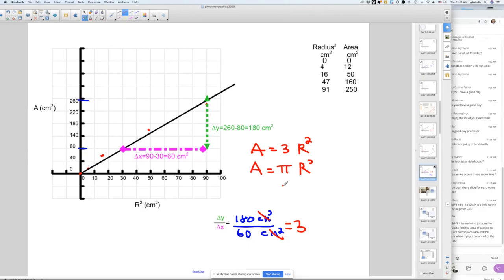This should have been 3.14, but we got 3. What percent error is that? Well, 3.14 minus 3, divided by 3.14, and times 100. So 3.14 minus 3 is 0.14, divided by 3.14.